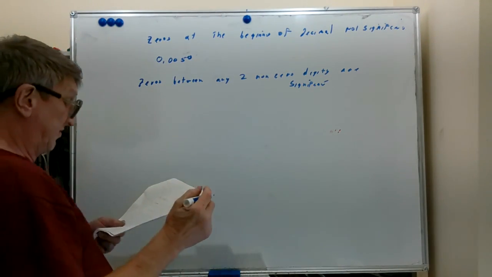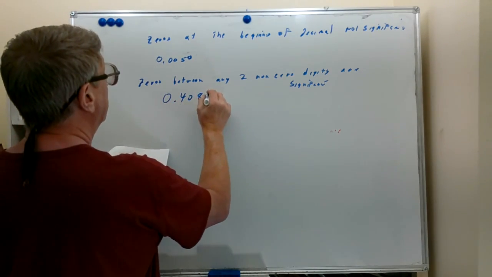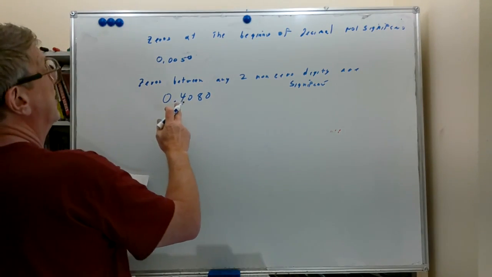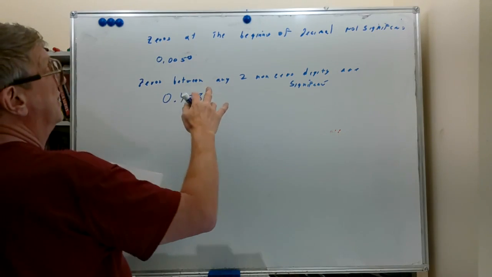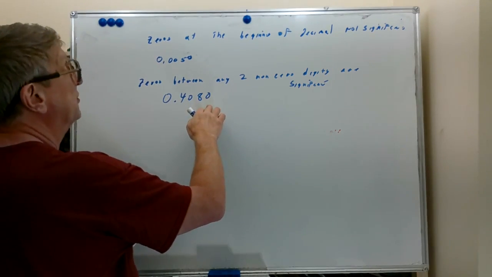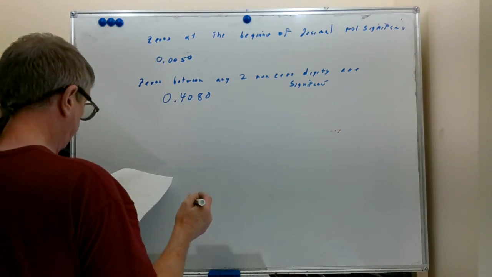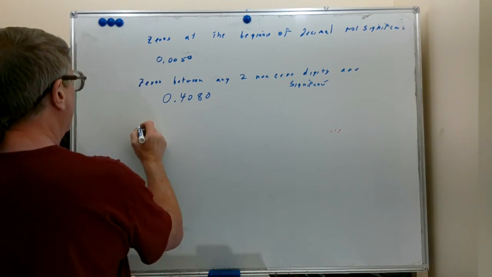And we talked about this a little bit. 0.4080. This leading 0 is not significant. This one that's sandwiched between the 4 and the 8 is significant. And because it's a decimal, the 0 at the end is significant, or we wouldn't have written it down. And that's in the decimals now.